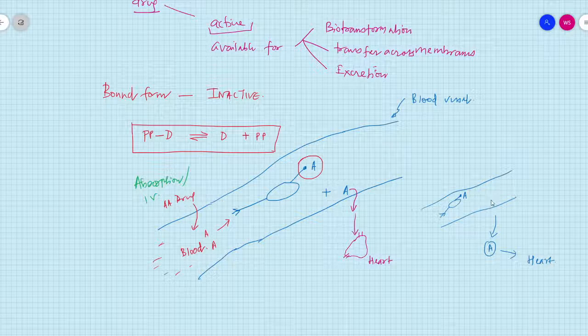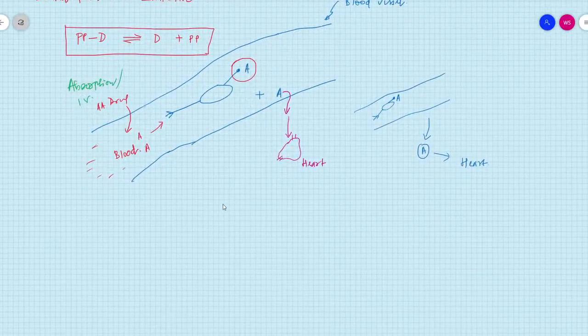As a result, what happens? There is no free drug in the blood. Because there is an equilibrium between the bound form and the free form, the bound form of the drug is transferred into the blood. Let's draw it here.